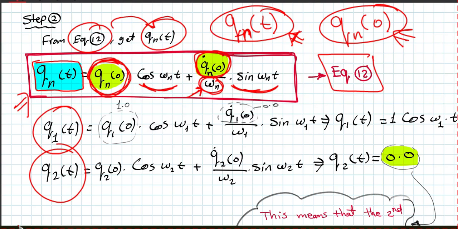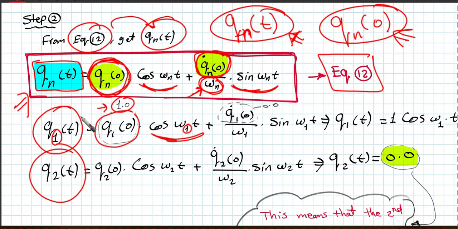Okay, now let's go and get Q1t and Q2t. If you look here, we put Q1 node, which was 1, as we calculated from the previous slide, times cosine omega 1 t, because we're talking about mode shape number 1. The 1 here means mode shape number 1, and t means at any time.